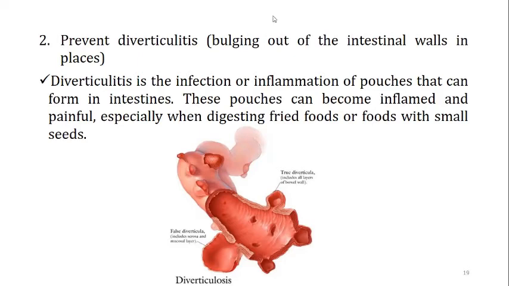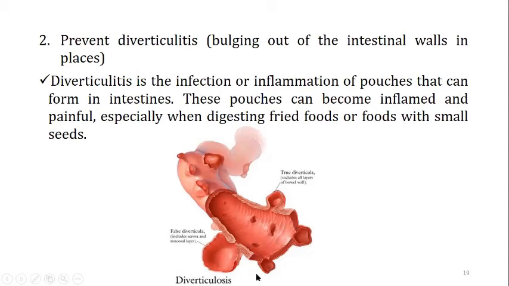Okay, then one such benefit is the prevention of diverticulitis. There are different conditions like diverticulosis. Diverticulosis is when there are no symptoms seen in the diverticulum, and when diverticula cause symptoms such as pain, it's called diverticular disease.